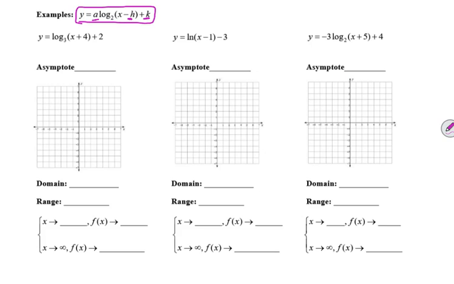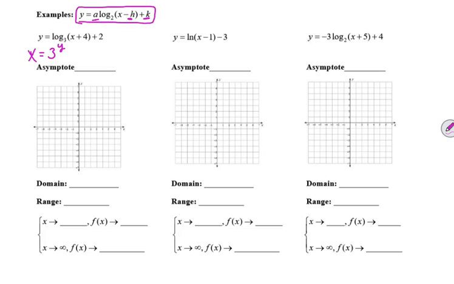I know that this would be converted into x equals 3 to the y. All right, so when we convert this, we're not going to worry too much about the stretching and compressing, the shifting left or right. Just convert it.